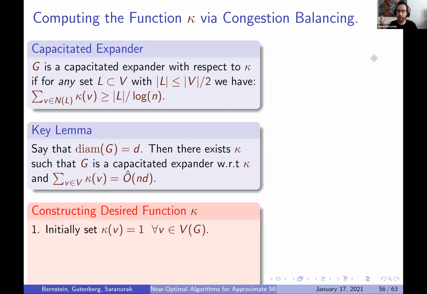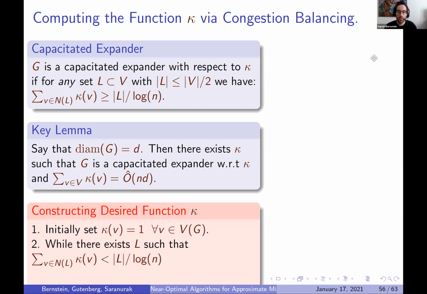It's a constructive algorithm for kappa to prove that there exists this kappa with low total capacity. All you do is you start with kappa v equals 1 for every vertex. So if the graph is an expander, then this will already be enough. And now, as long as there exists a bad set, meaning there exists a set L such that its neighborhood has too small capacity, well, then you need to increase the capacity of that neighborhood.